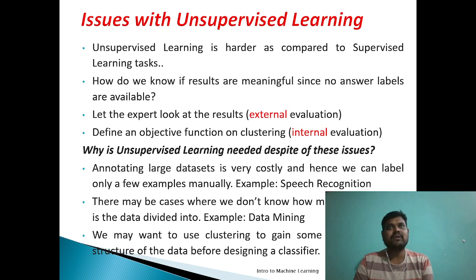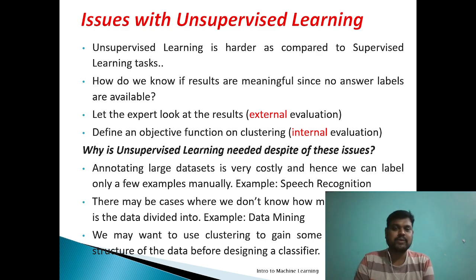Another question may arise: how do we know if the clusters or anomalies detected by unsupervised machine learning models are useful or not, right? We have to validate the results generated by the unsupervised machine learning models.